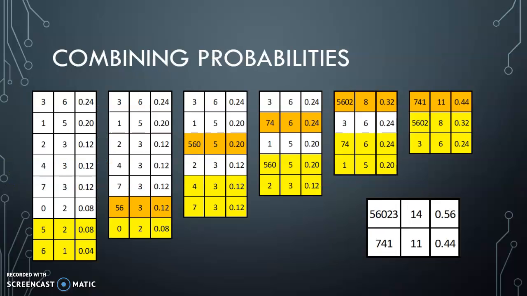Up next, we need to start at the lowest probabilities and start combining them. So down here, light levels 5 and 6 both have a very low chance of appearing in our picture. So what I did is I combined their probabilities, and then I reorganized it among the other probabilities.